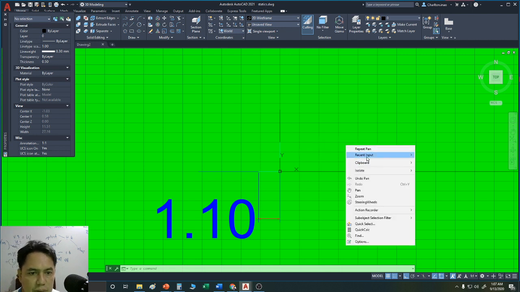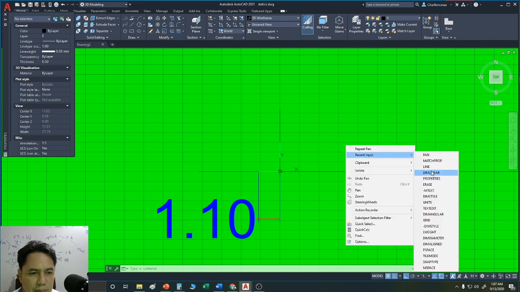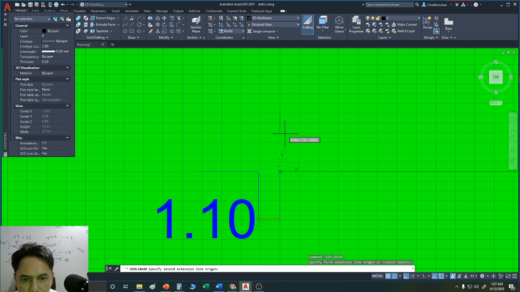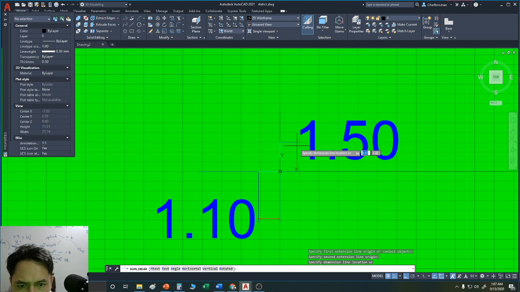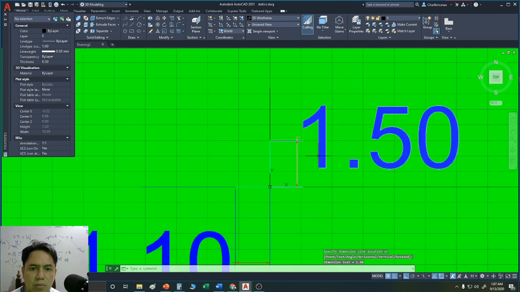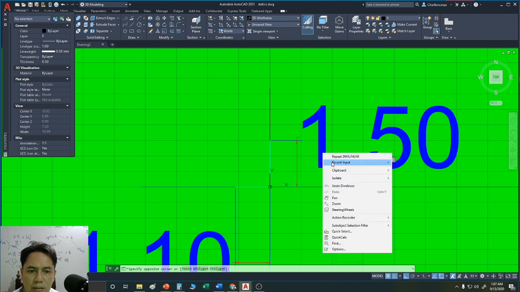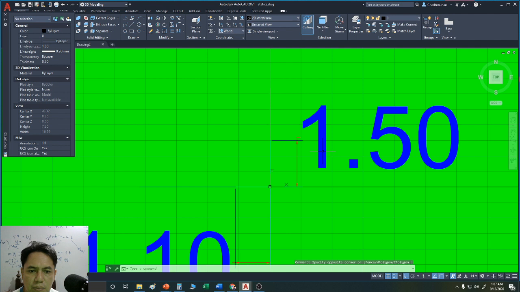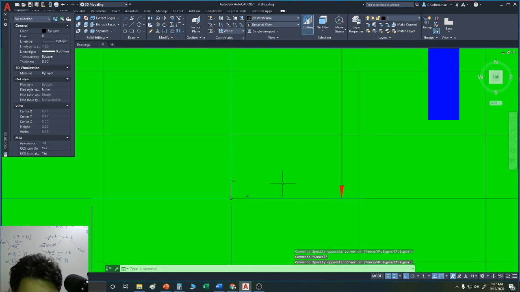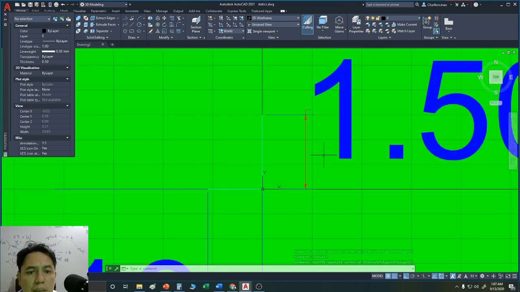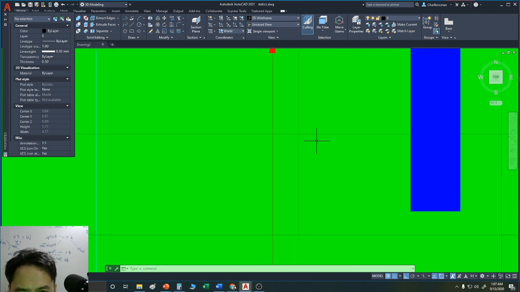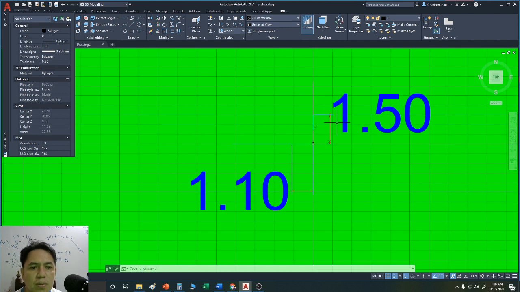The recent input is this dim linear, 1.1, and here is 1.5. Why is that 1.5? It should be 1.6, right? Sometimes the AutoCAD is off.